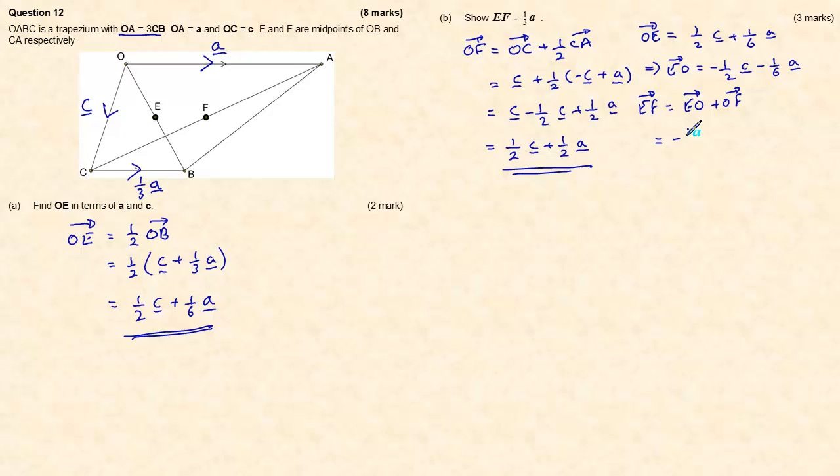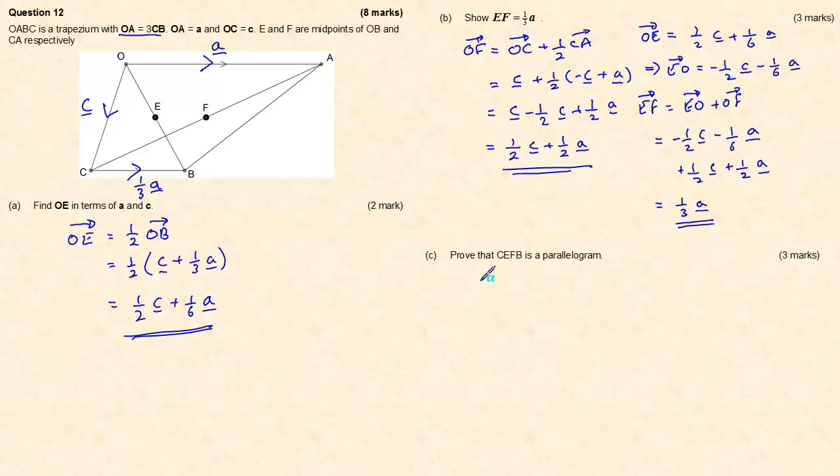So that's going to be negative a half C, take 1/6 of A, add a half of C, add a half of A, and we can see the C's will disappear, and a half take away a sixth is a third, so that is equal to 1/3 A.